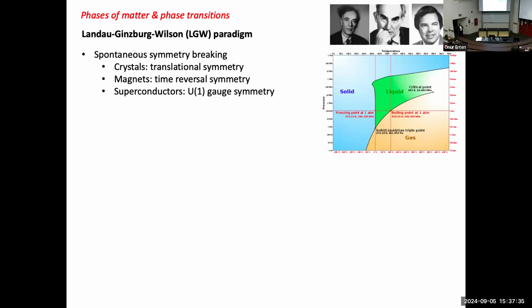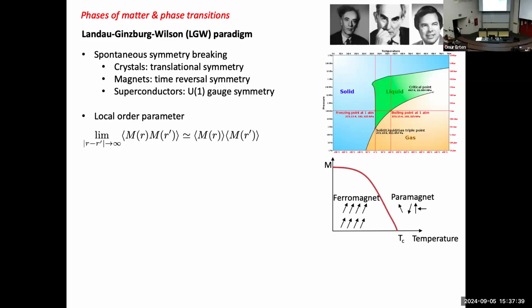Okay, so whenever we have a spontaneous symmetry breaking, we can define what is called a local order parameter. For instance, if we consider a magnetic system, at very high temperatures, the magnetic moments of the system are randomly oriented, right? This is what we call a paramagnet.